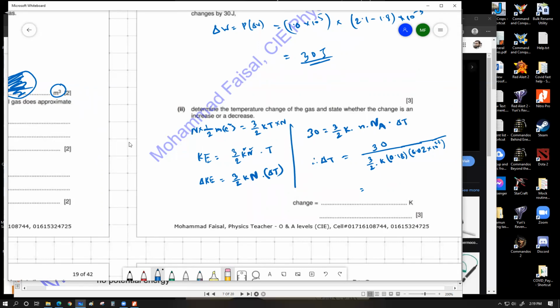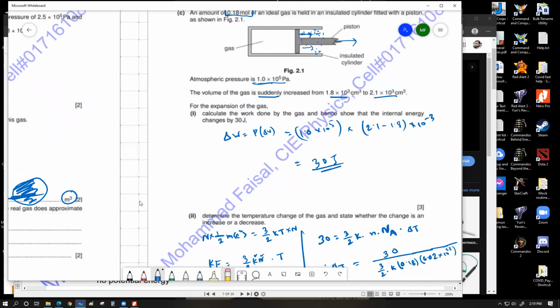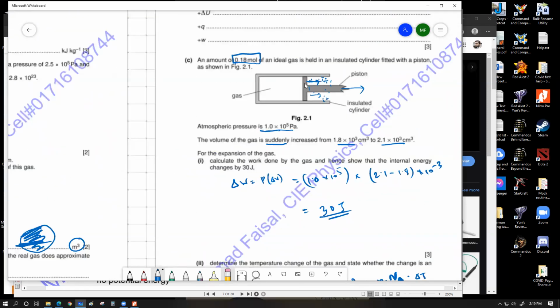This was not supposed to be that. But however, I'm going to tell you about this part, whether the temperature change should be more or less. What you need to understand is that as we push the piston outwards pretty fast as per the question, the intermolecular spacing of the particles is going to be more.